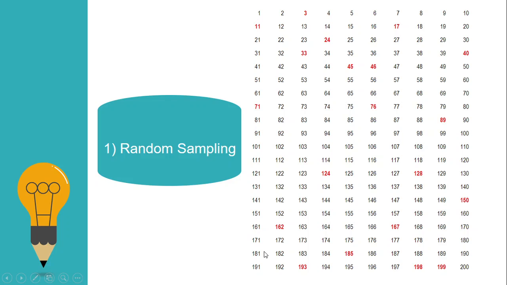Each member has their own specific number, and a random number table, similar to the one we mentioned on the screen, helps the sampling technique. Using the random numbers, we choose our sample and collect the information.